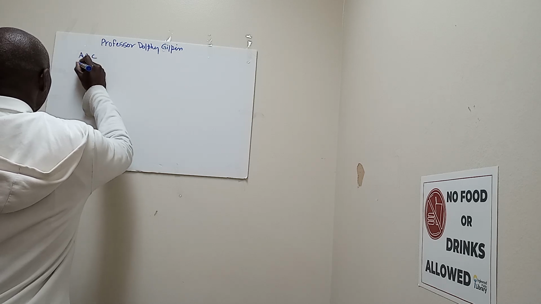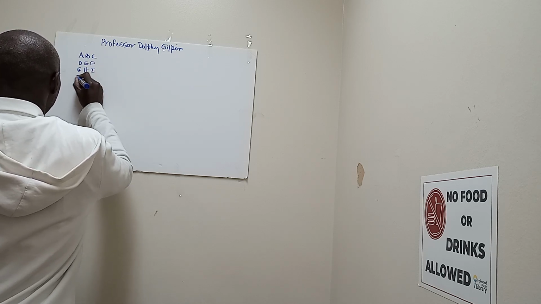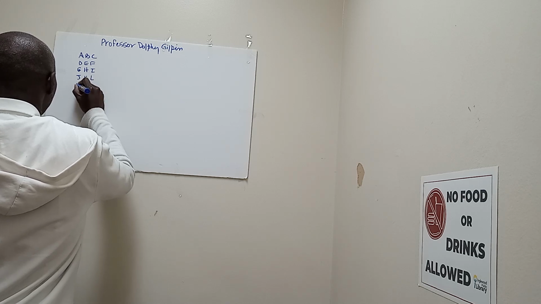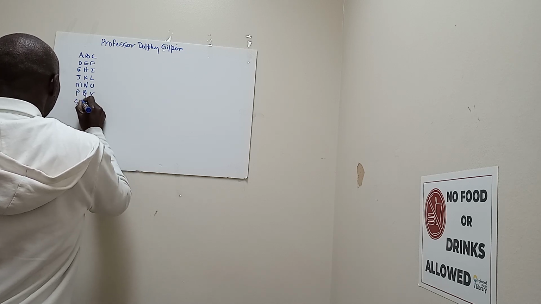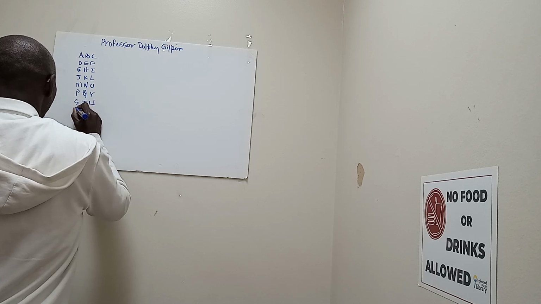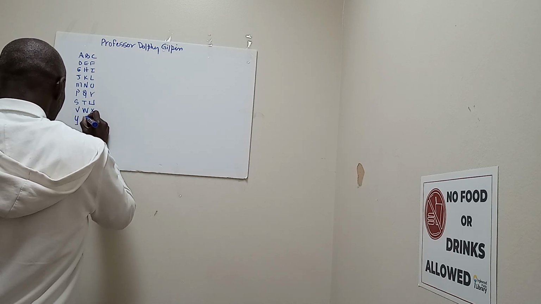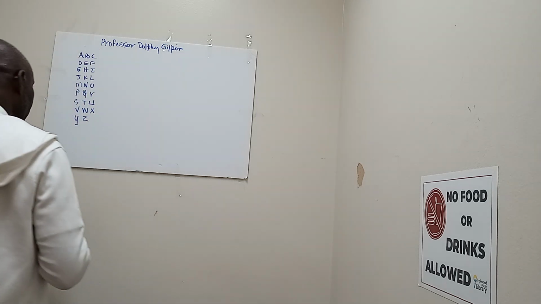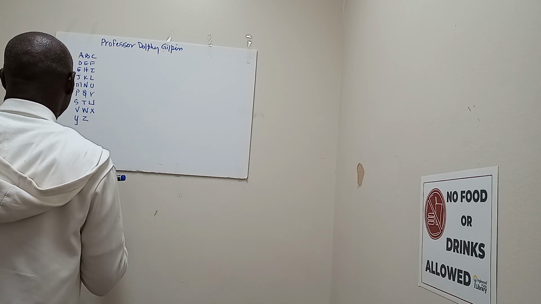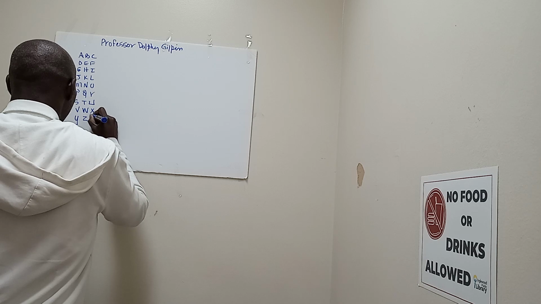A, B, C, D, E, F, G, H, I, J, K, L, M, N, O, P, Q, R, S, T, U, V, W, X, Y, Z, and for this extra letter here, we'll use, like we're starting over, A naught.